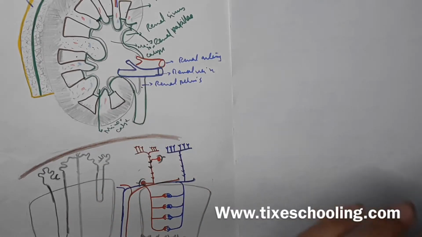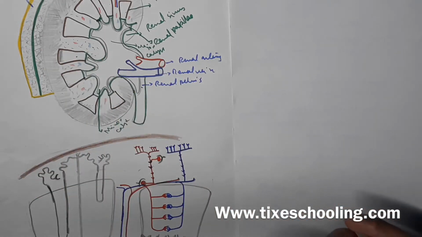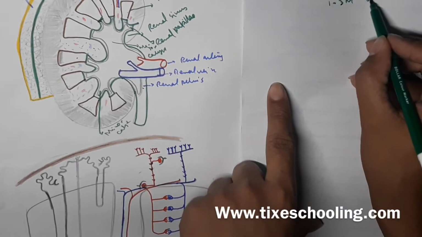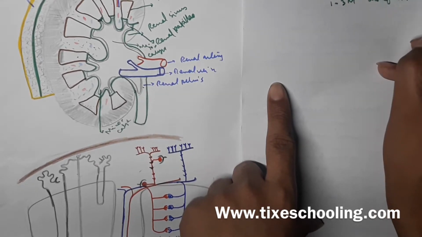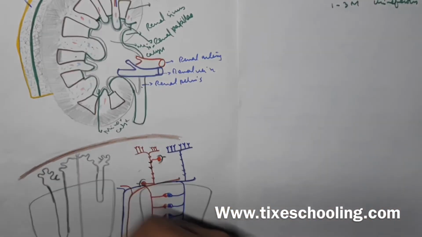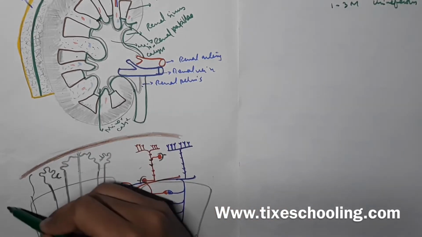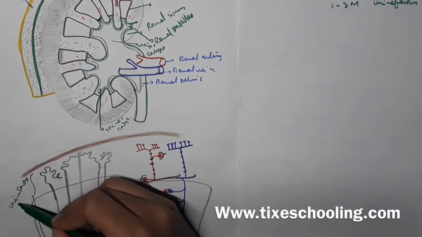Each pyramid contains thousands of uriniferous tubules, and a kidney is composed of 1 to 3 million uriniferous tubules. This whole structure is a uriniferous tubule.